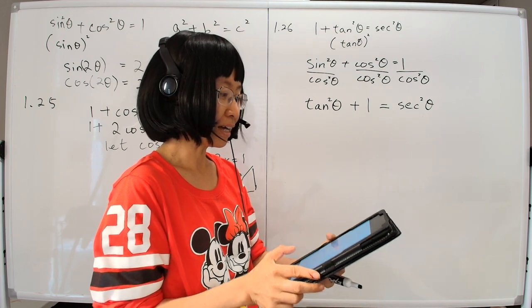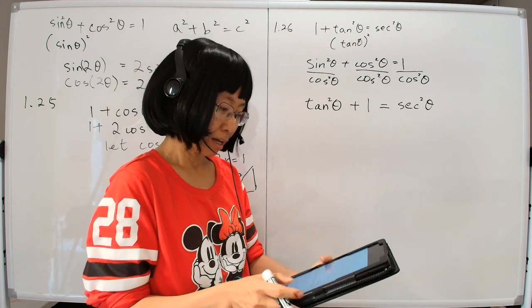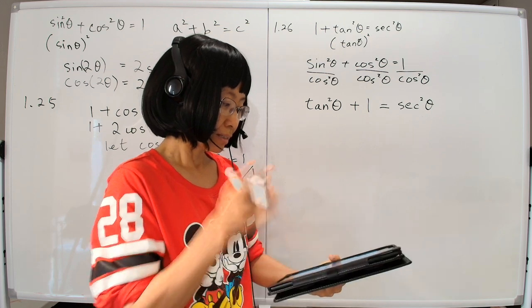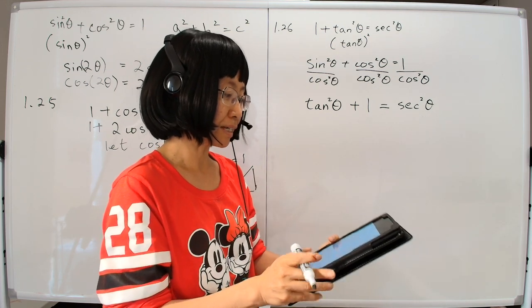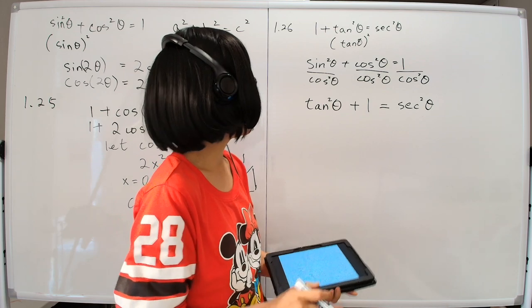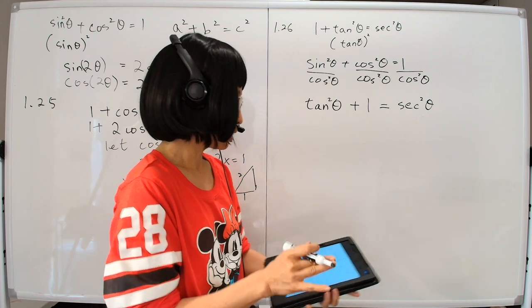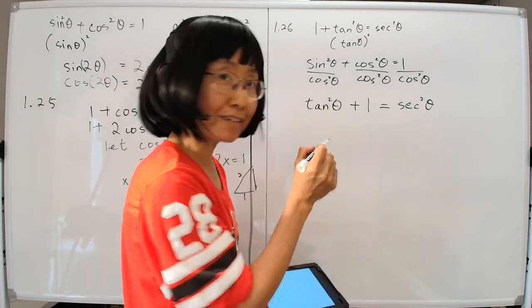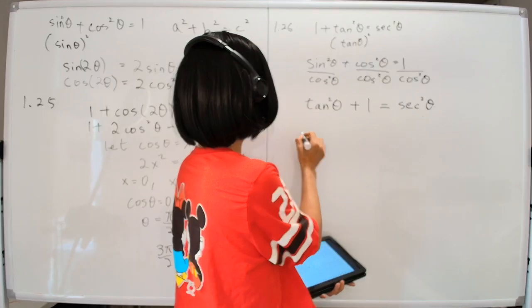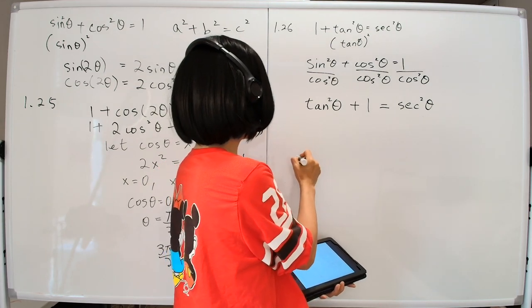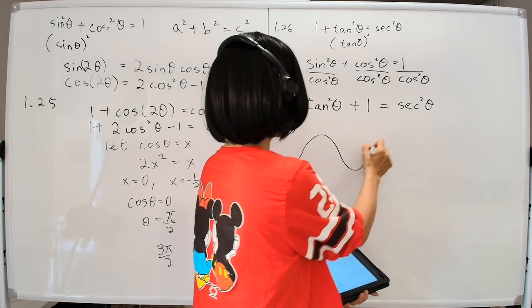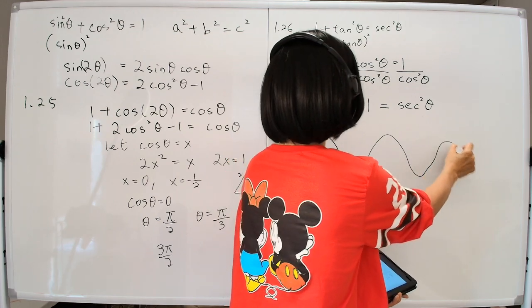So, okay, move along. Let's talk about the graphs. The graphs of sine, cosine, tangent, you should have a vague idea what they look like. And of course the sine graph is very famous because it looks like an ocean wave. A beautiful ocean wave.